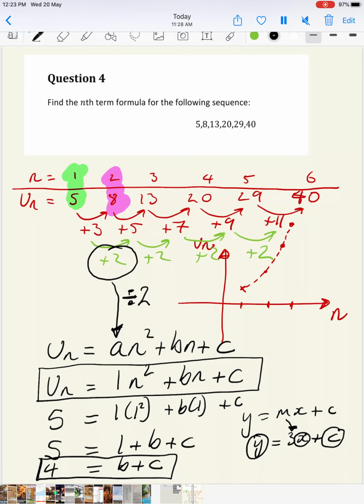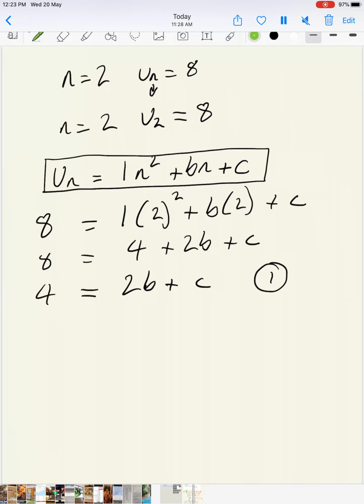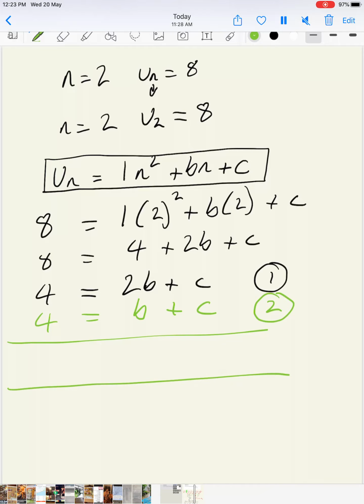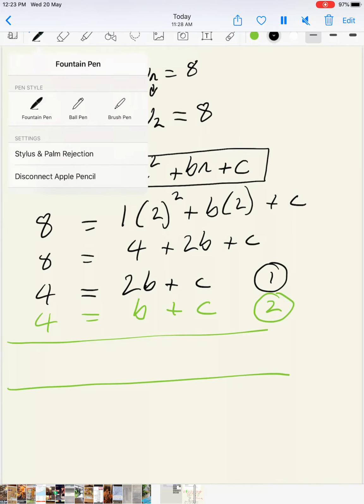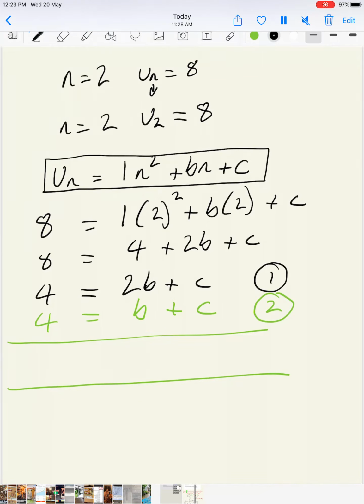Now bring back across the other equation we had. Can you see it there? 4 equals b plus c. Write it straight underneath. And then you've got to solve these two equations simultaneously. So find a solution that works for both equations. And you know, there's different ways of solving simultaneous equations. You could even reach for the calculator. The calculator has a tool there that allows you to solve simultaneous equations.